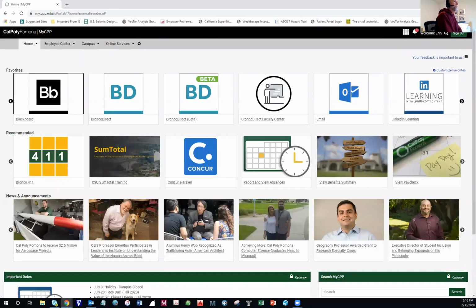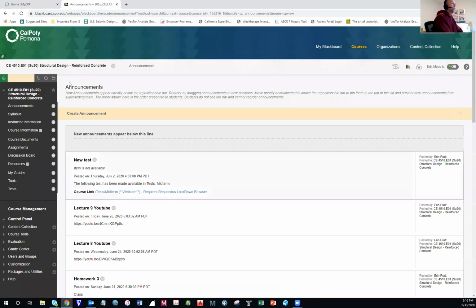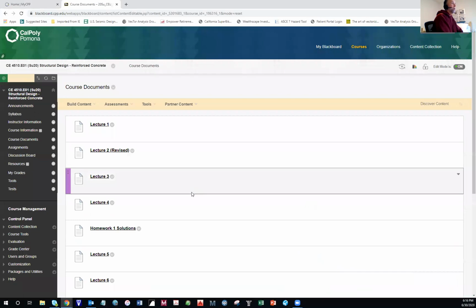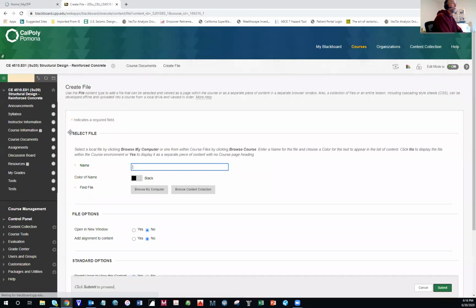I had a student last year say that she downloaded the lockdown browser and it couldn't find the test. And the issue was that she didn't download it through Cal Poly. She just went out to the net and downloaded a trial version of it. So you have to download the version that's licensed to Cal Poly.